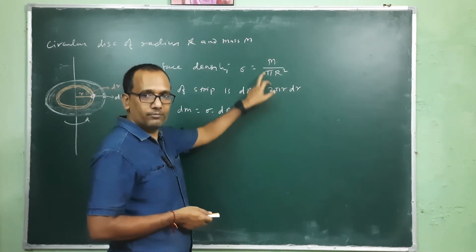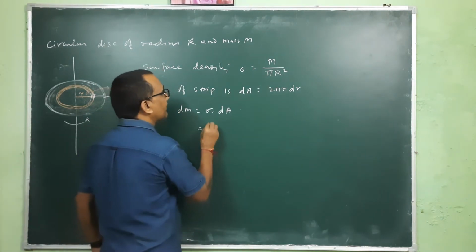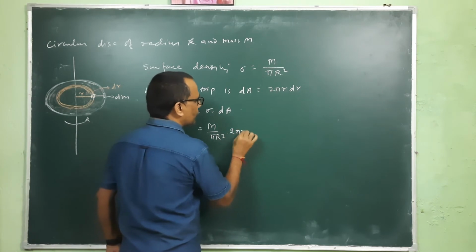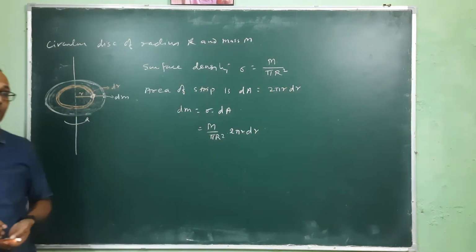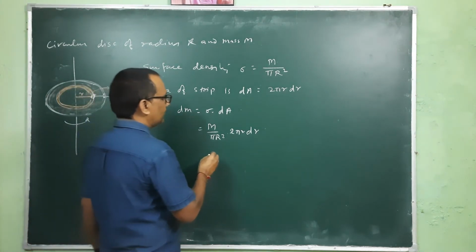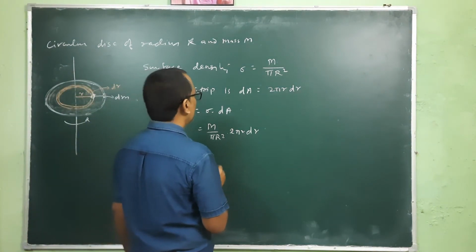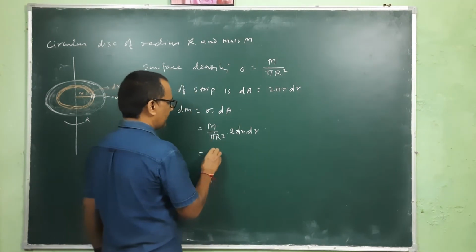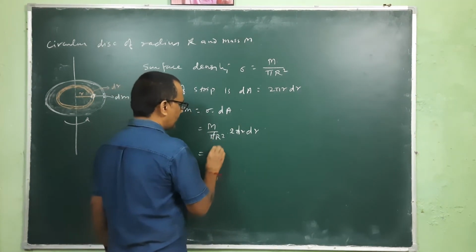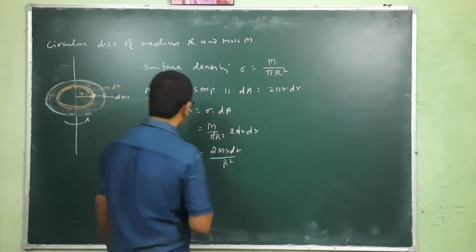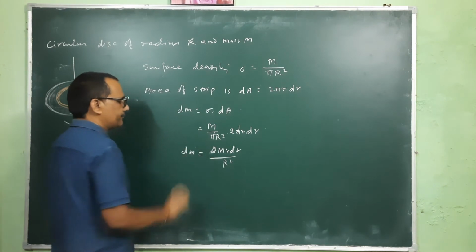Now we put in the value: dm equals M upon pi R square times 2 pi r dr. Clear? Pi can be cancelled, so dm is 2M r dr by R square.